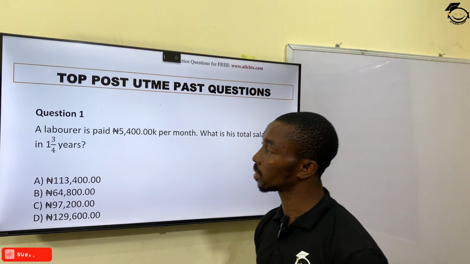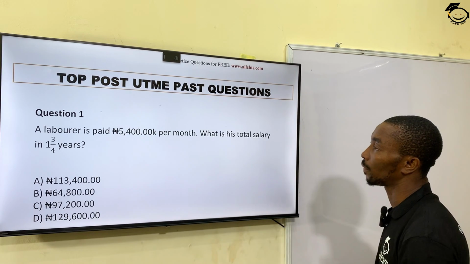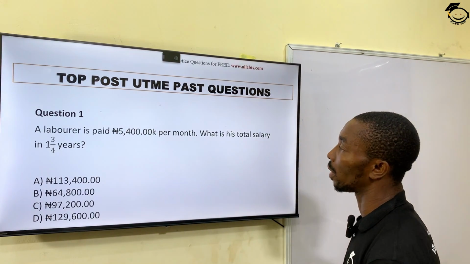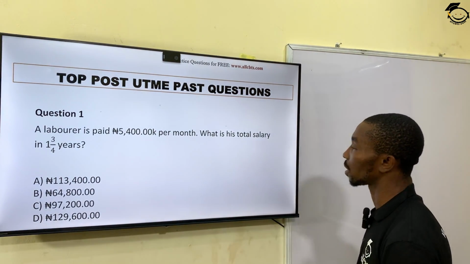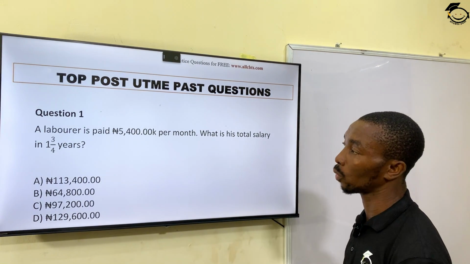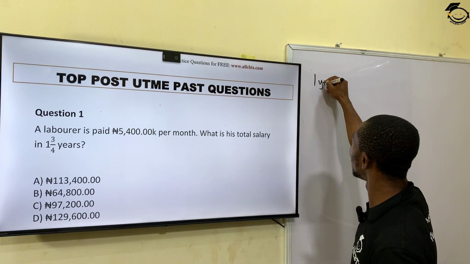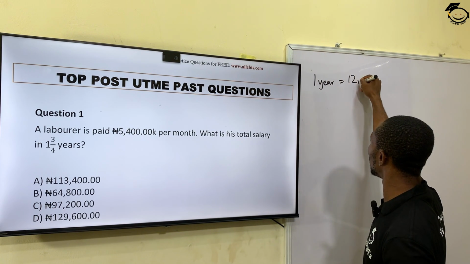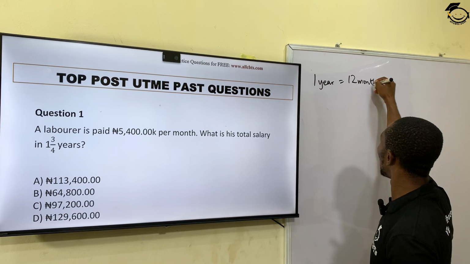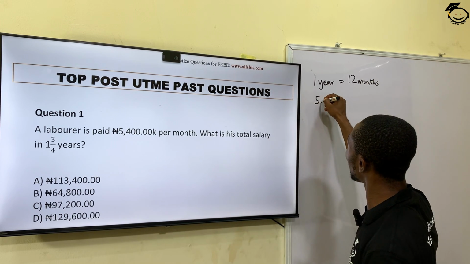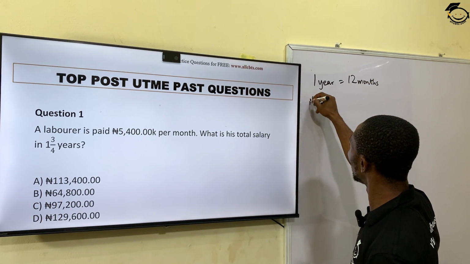Now, our first question says, a laborer is paid 5,400 naira per month. What is his salary in 1¾ years? Now, if we look at 1 year, for a year we have 12 months and he's paid 5,400 per month.